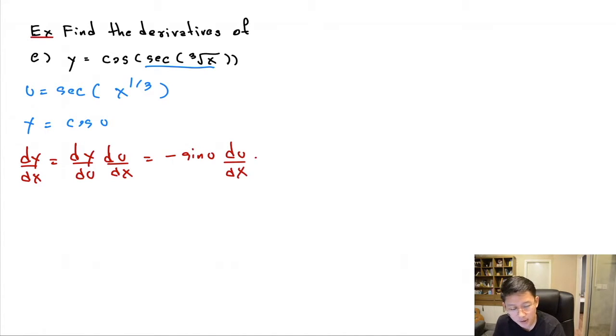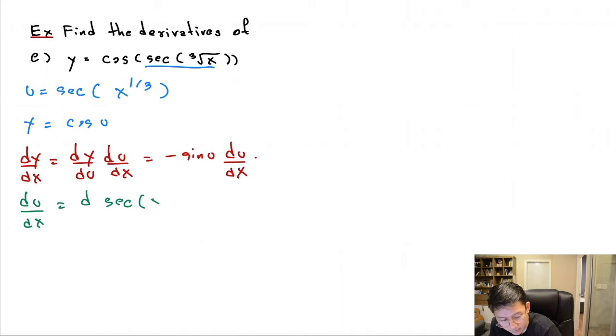Okay, but again, see, it follows the pattern, right? So du by dx, as I usually say, is not straightforward because it's d of sec of x to the power of 1/3 dx, and we don't know how to differentiate that function.